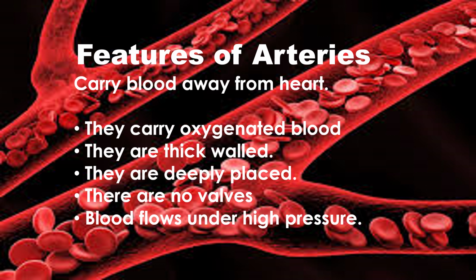Except the pulmonary artery, all arteries carry oxygenated blood. Arteries are thick-walled and they are deeply placed. Arteries do not have any valves. And in the arteries, as they carry the blood away from the heart, the blood flows under high pressure.